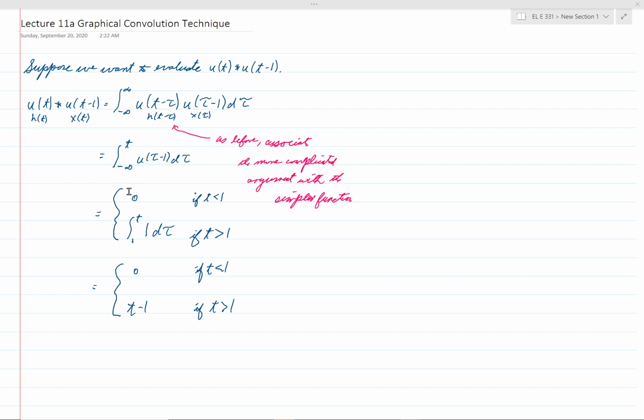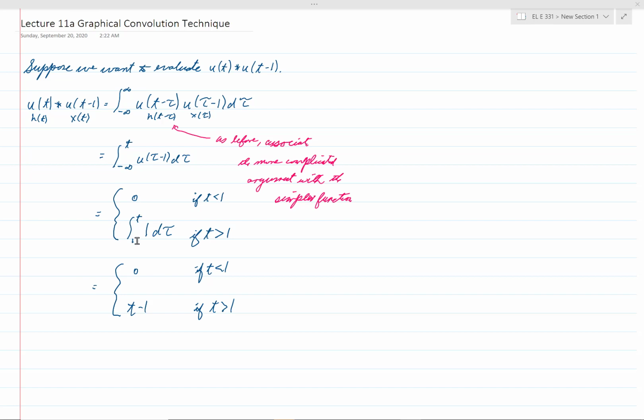On the other hand, if t is greater than 1, the way we reason is as follows. As we've just argued, u of tau minus 1 does not contribute; the integral is nothing until tau is equal to 1.